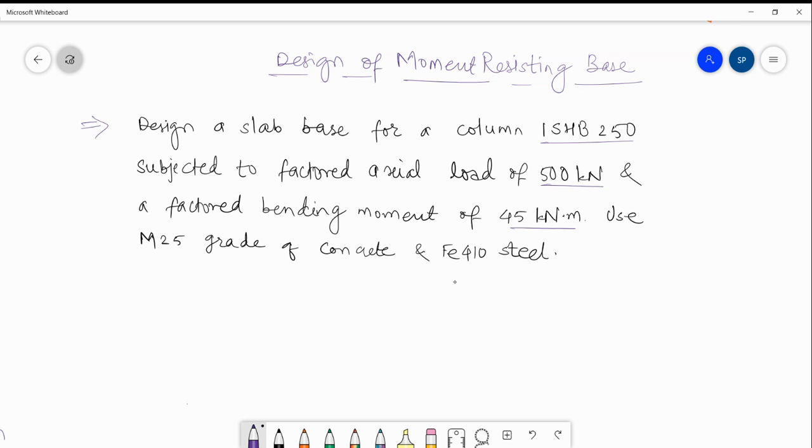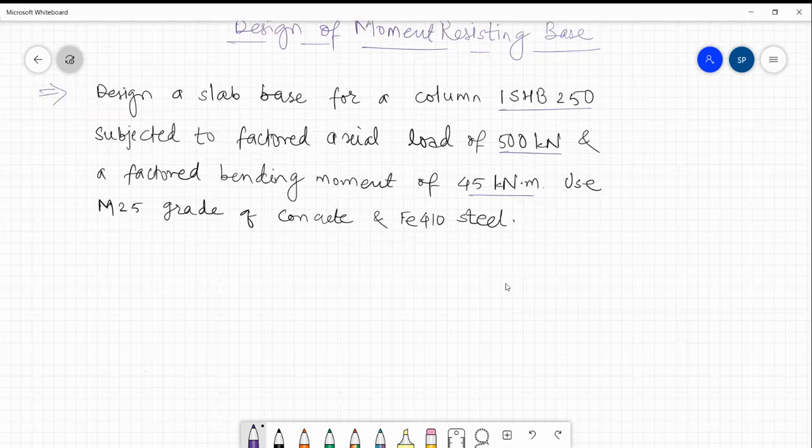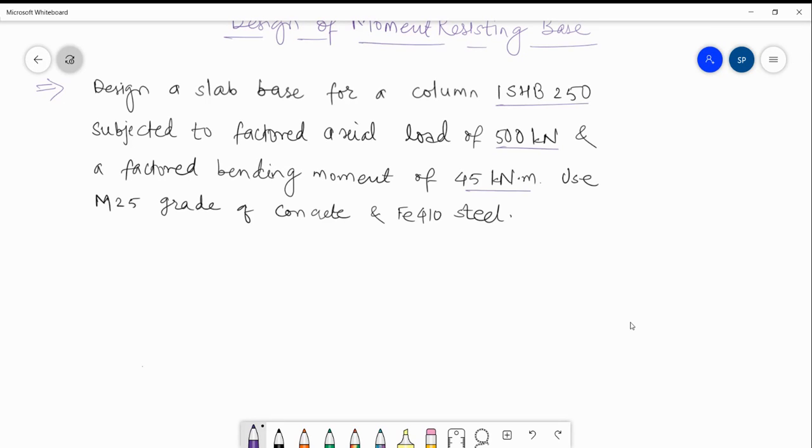So here the external loads given acting on the column are 500 kilonewton and 45 kilonewton meter. The column for which this base is to be designed is ISHB 250. Now before we proceed further, I will just take you through what exactly happens when the column is subjected to bending moment along with axial force.